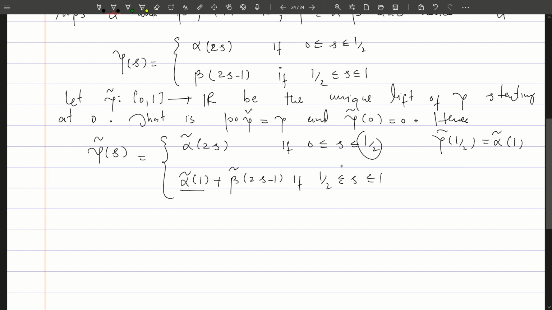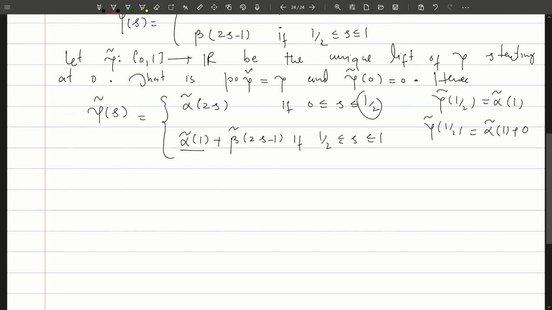The left hand limit is alpha tilde of 1, and the right hand limit is alpha tilde of 1 plus beta tilde of 0. Beta tilde of 0 is 0, so that is alpha tilde of 1. That means if we do not take alpha tilde of 1 here, gamma tilde will not be continuous at half. So that is why we choose alpha tilde of 1 here.